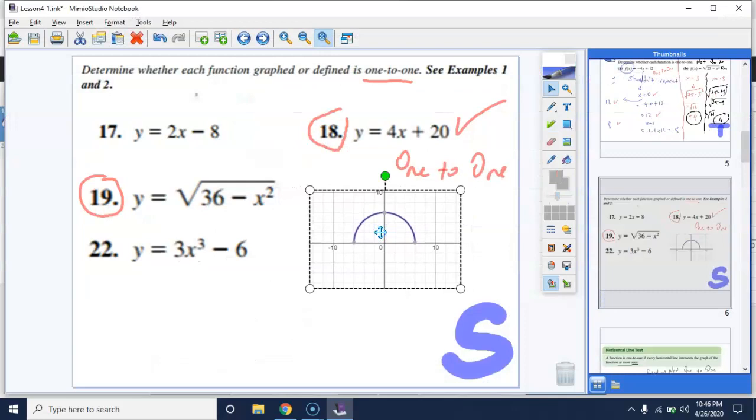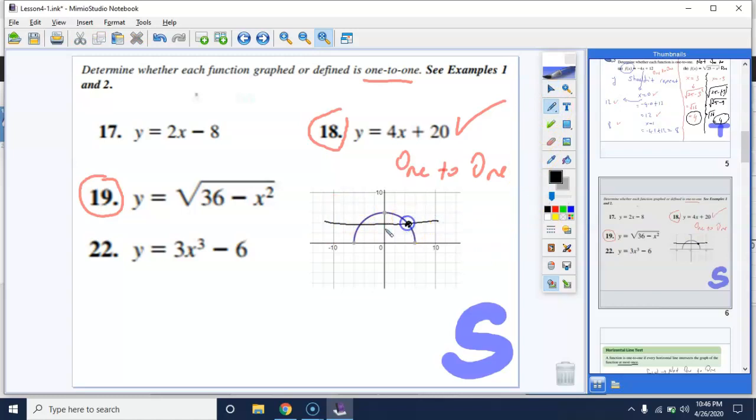If I have a vertical line like this, it's going to cross my graph twice, not once. So this one should be not 1 to 1, right? Like on this example, as I mentioned, you can go the earlier way, or you can just graph and see it. I believe that's the easiest way to see.